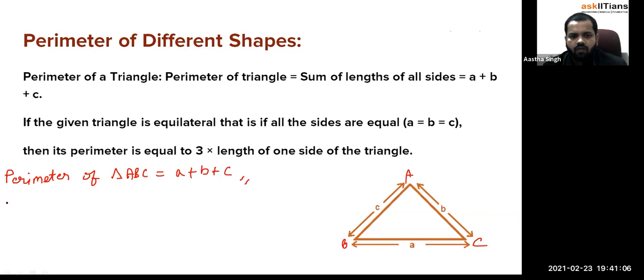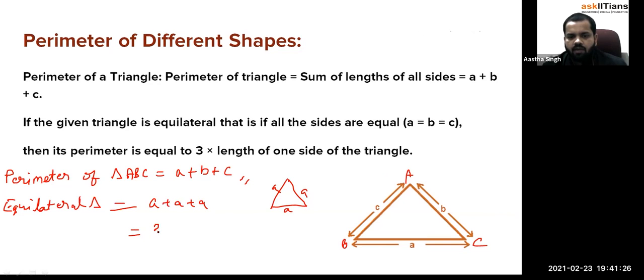In the case of an equilateral triangle, a triangle has all sides equal. So you will just add all the equal sides: a plus a plus a, that is 3a, which is 3 times the length of one side.